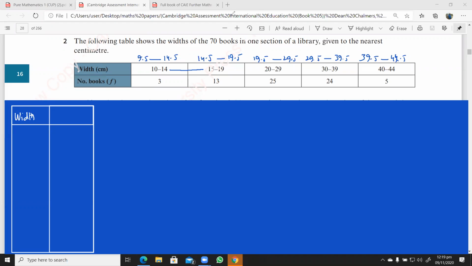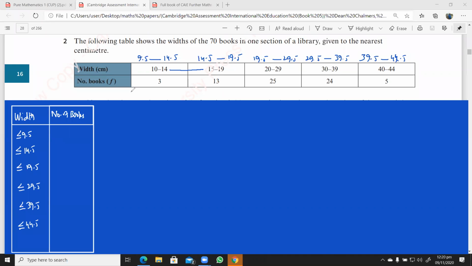Remember, when you take the width, I'll take the first lower class limit, that is 9.5. Then I'll write all the upper class limits. This is 19.5, this is 29.5, this is 39.5, and this is 44.5. And here I'll be writing the cumulative frequency. This is the number of books, but I'll be writing the cumulative frequency here.